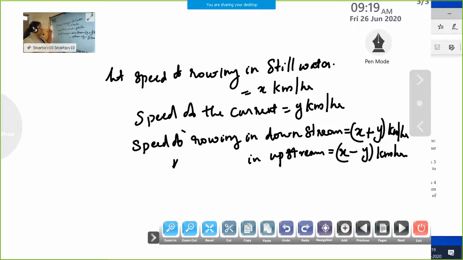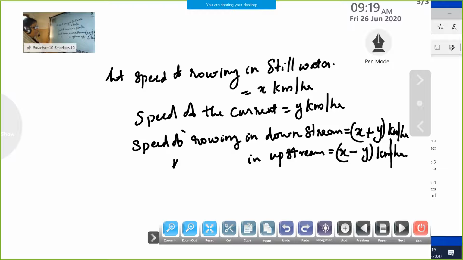Listen. We suppose that the speed in still water is x kilometer per hour and the speed of the current is y kilometer per hour. Then the speed of rowing in downstream is x plus y kilometer per hour, and in upstream, with an opposite force, it is x minus y kilometer per hour.